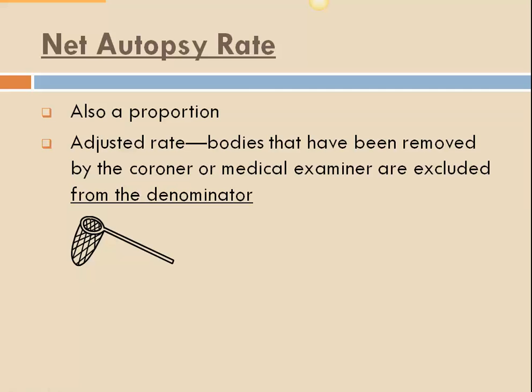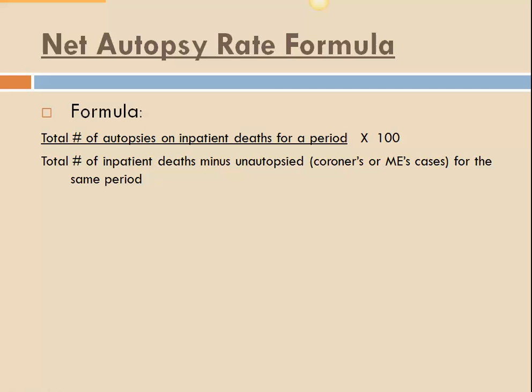Bodies that have been removed from the facility, either by the coroner or the medical examiner, are excluded from the denominator. So your formula would be the total number of autopsies on inpatient deaths for a specific time frame divided by the total number of inpatient deaths minus the bodies that were unautopsied, so those that were pulled out by the coroner or the medical examiner.